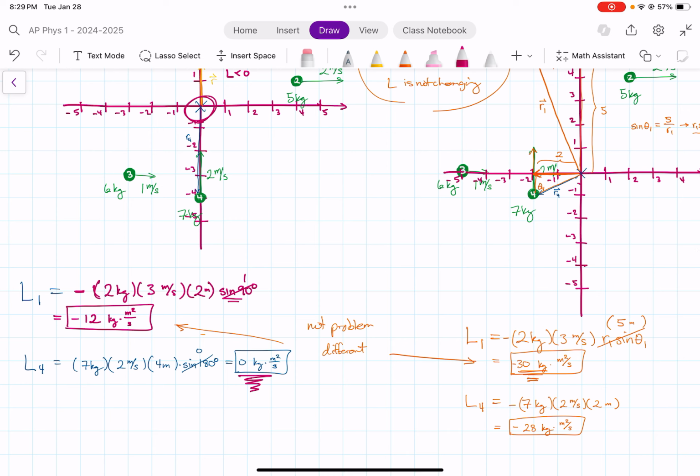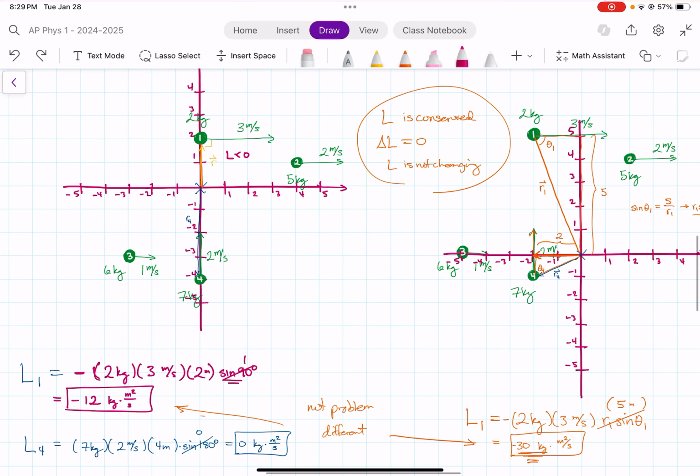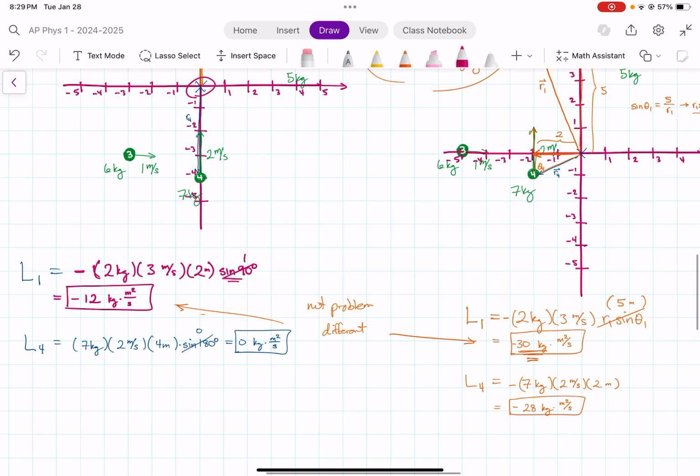We could put our center here and get this as our answer, but because we get to choose, it might just be better to put your center, for situations like this, wherever is most convenient. If we put it here, we're getting a really nice answer for this fourth angular momentum.